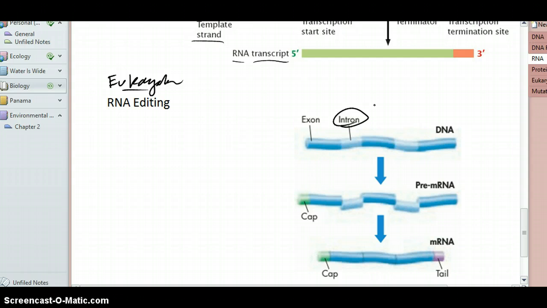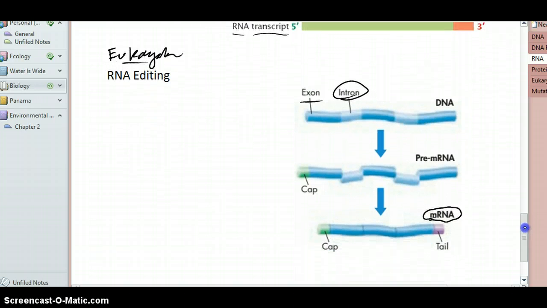These are parts of the gene that aren't really needed to make our final piece of RNA. And so we have to edit it by cutting out these introns. What you have left are known as the exons. The introns get removed, the exons are spliced together, and you have your final piece of RNA, in this case an mRNA.